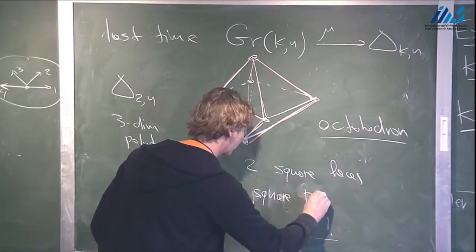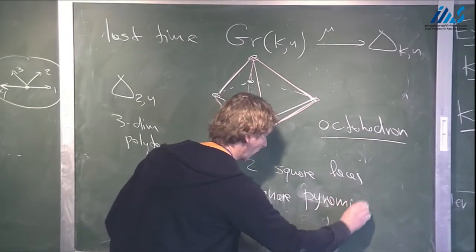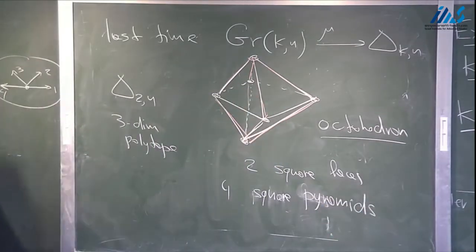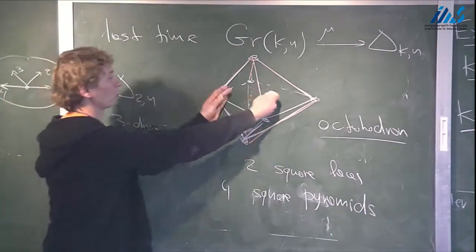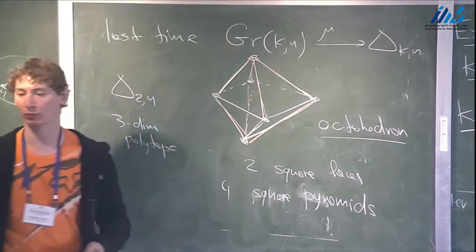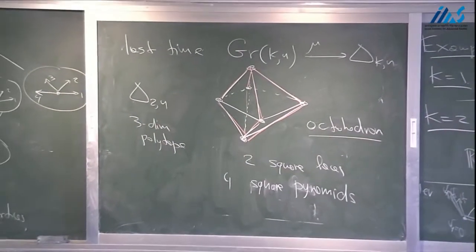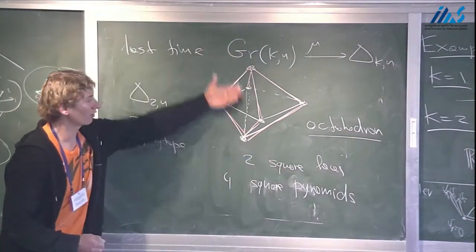So these are these 4 possibilities: 2 square pyramids like this, and 2 square pyramids obtained by cutting the octahedron like this.